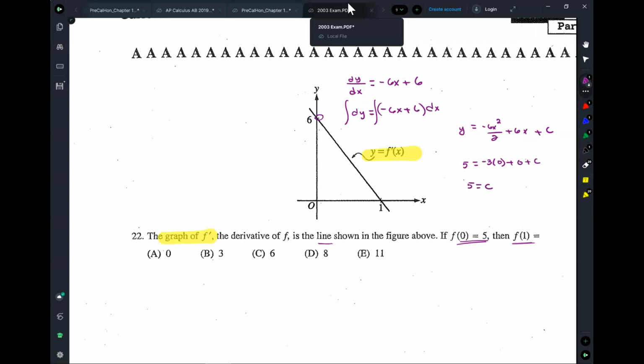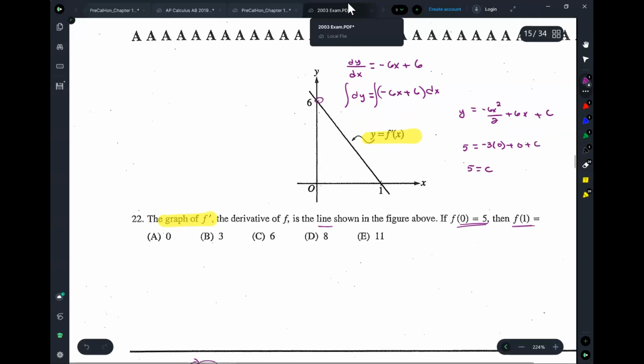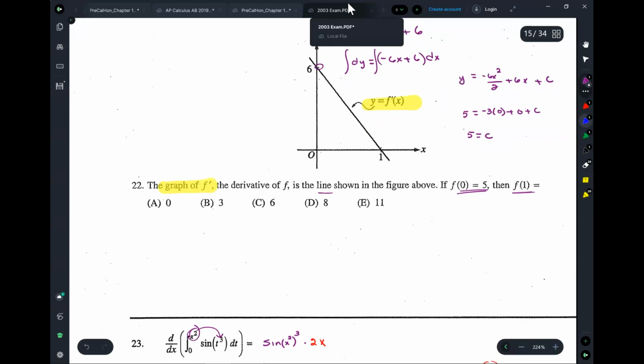Okay? All right, so if c is equal to 5, then what's y equal to? Y is equal to negative 3x squared plus 6x plus 5. And then, so f of 1 will be negative 3 times 1 squared plus 6 times 1 plus 5.